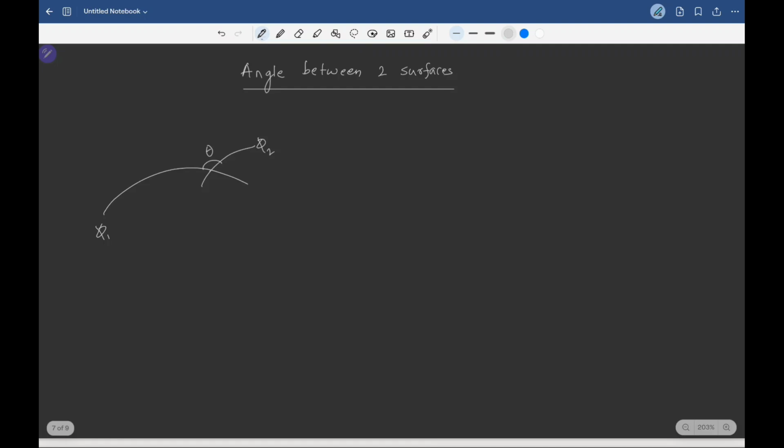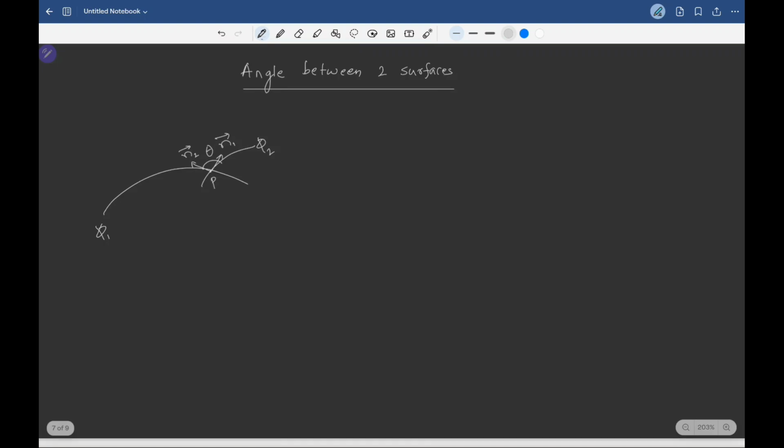Just draw a normal at this point of intersection from this surface, and for this surface draw another normal at this point, like this. So the angle between n1 and n2 gives the angle between the two surfaces at this point P.